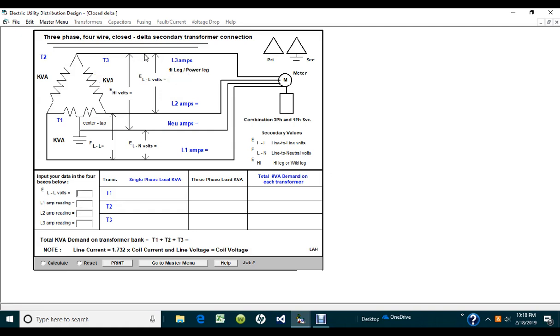There's 3 lines coming away from this bank over to the customer service that are required to provide 3-phase power to the customer. Line number 1, line number 2, and line number 3. So if I wanted to provide power to his pump or whatever, that's 3-phase, all I really need to do is run 3 wires over to that service.